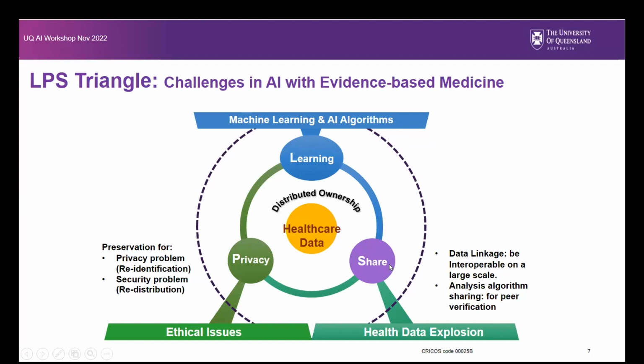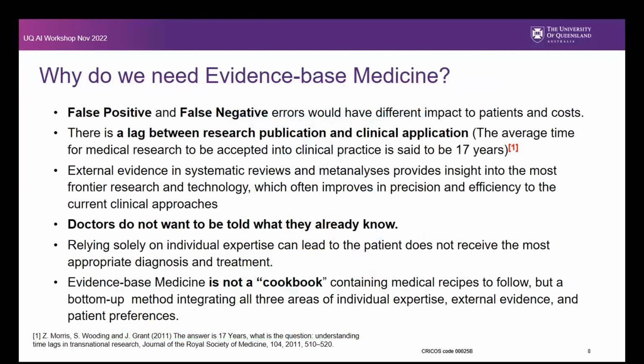For example, if you share privately owned data, then you need to do the data linkage. After data linkage, you do the machine learning. And after machine learning, how do you preserve the privacy? There are so many difficulties.